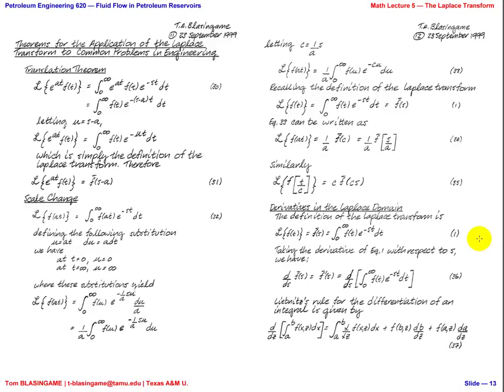Here is the derivative of the function with respect to S. I think I have used this a couple of times in my research, so you may need to focus on this later. If you are going to get this derivative, you have to remember the Leibniz rule. I think we covered this in our first meeting, right?